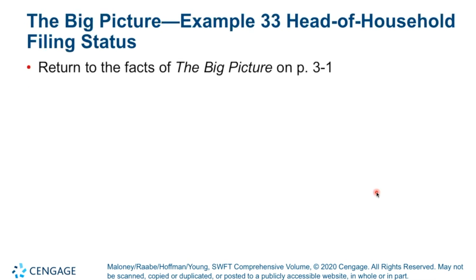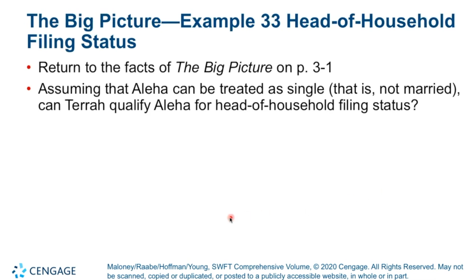So back to our big picture example here. Assume that our taxpayer A can be treated as single because, remember, her spouse left her. So can Tara qualify Aleja for head of household filing status? Can the unrelated person who was a dependent qualify the taxpayer for head of household filing status?